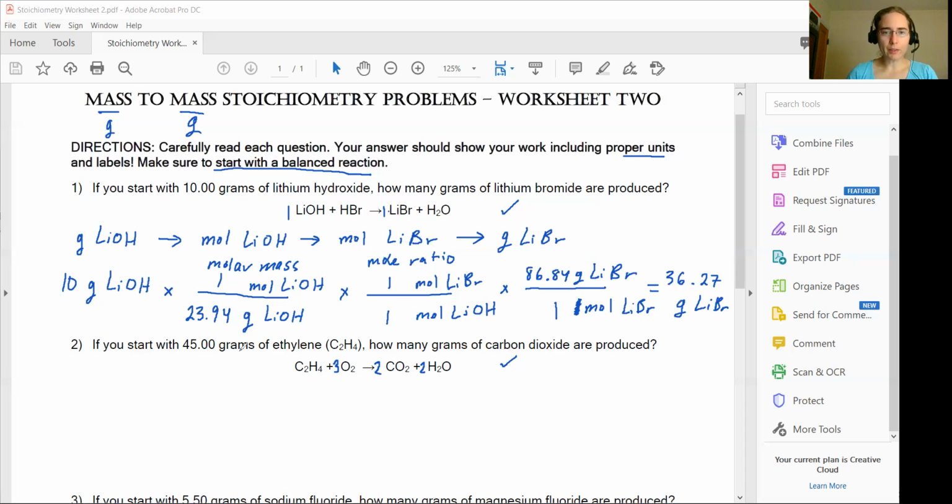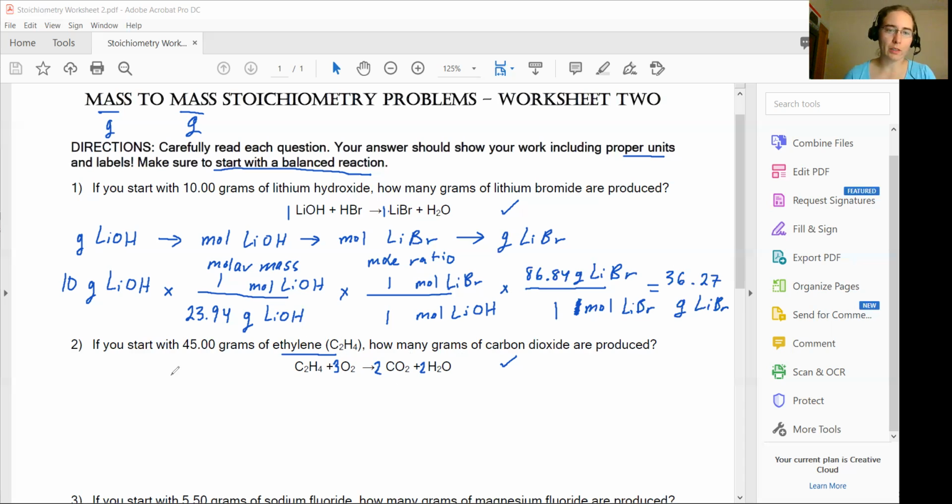All right, so now let's take a look at the next one. The next one's actually going to follow the exact same process. You'll start with grams of ethylene. Then you're going to convert to moles of ethylene. Then you'll convert to moles of carbon dioxide. And finally, you'll convert to grams of carbon dioxide.